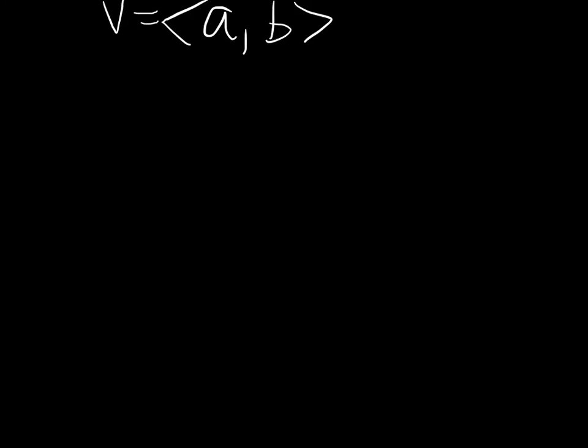It can be written also as a times i, the cursive i, plus b times the cursive j. If you're in AP physics or pre-AP physics, you might have already learned this. This is called the linear combination.